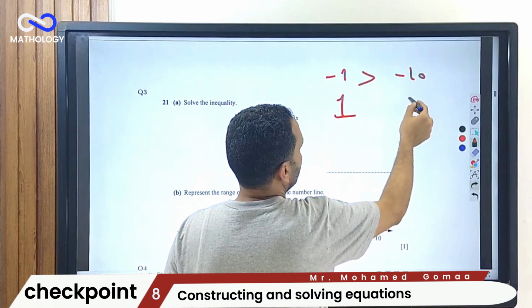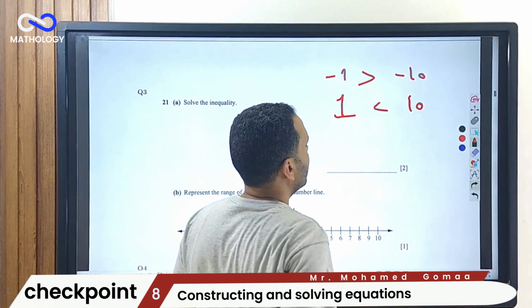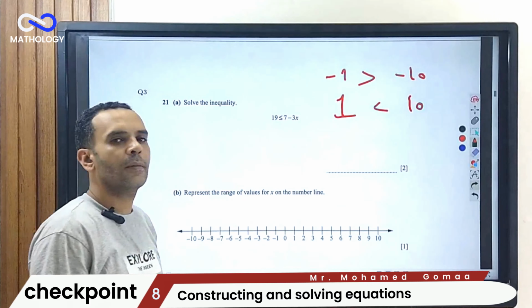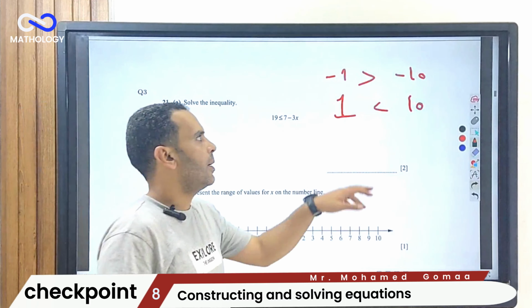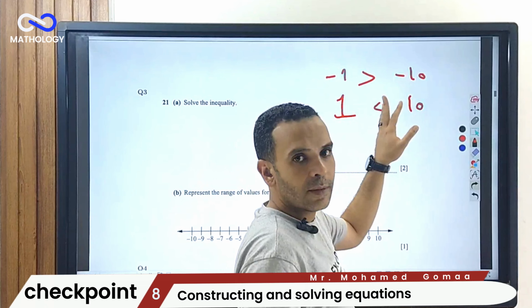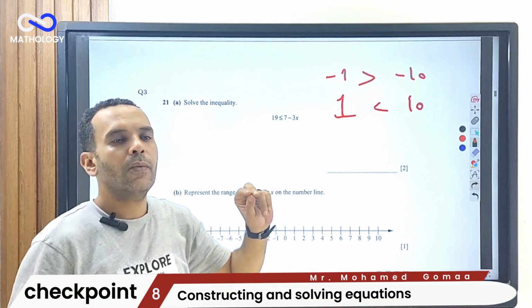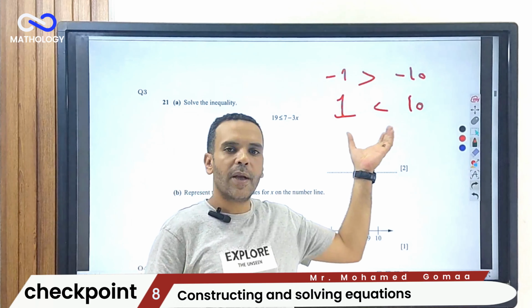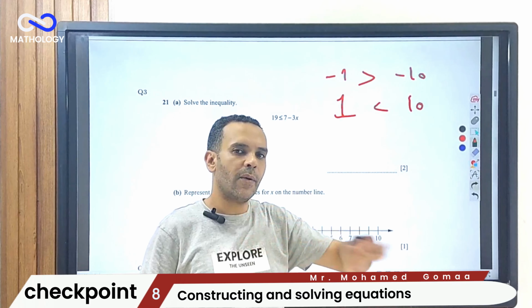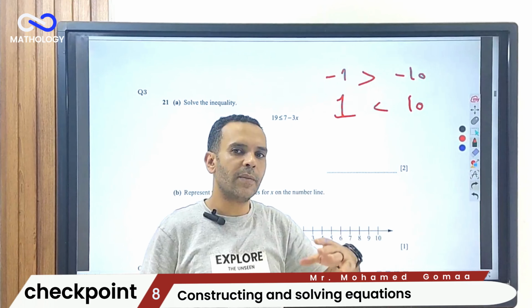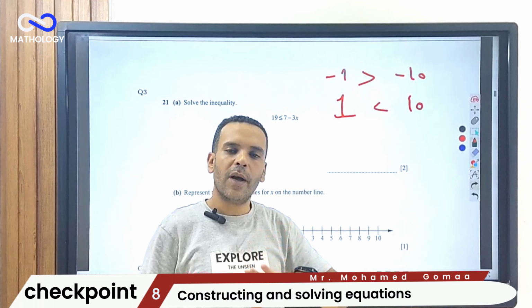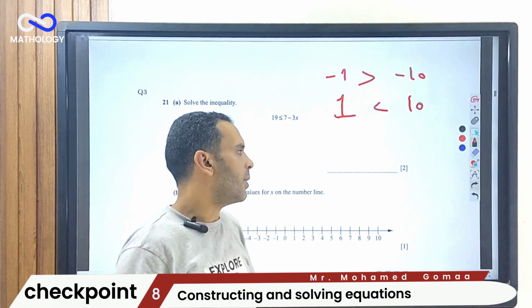Divide by -1 here, it will be 10. What happens? The inequality sign changes from greater to smaller. Don't forget, when we divide or multiply both sides of any inequality by a negative number, you have to change the sign of the inequality.